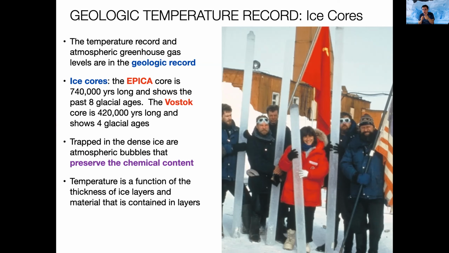Well, there are little tiny air bubbles that are trapped in the Antarctic ice and in the Greenland ice, and they've been trapped there since they were put there hundreds of thousands of years ago. They are in their pristine condition from when they were trapped. So the chemical content of the atmosphere, in particular, how much greenhouse gases were stored in the atmosphere, is preserved in those tiny ice bubbles in the ice core.